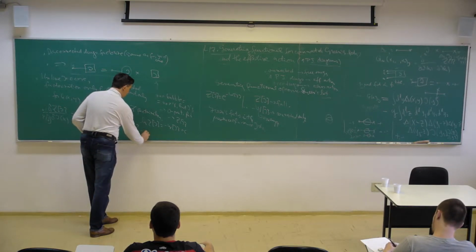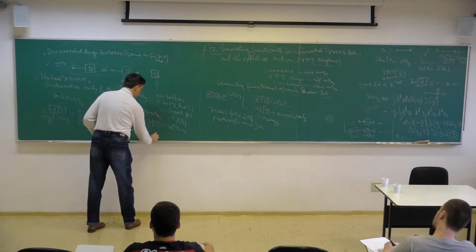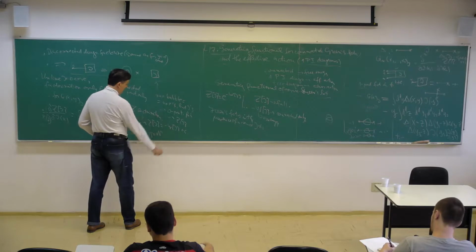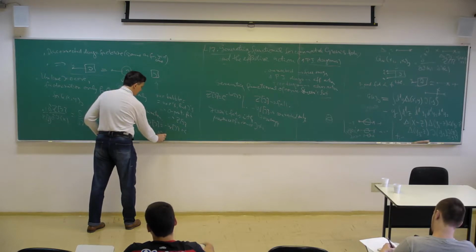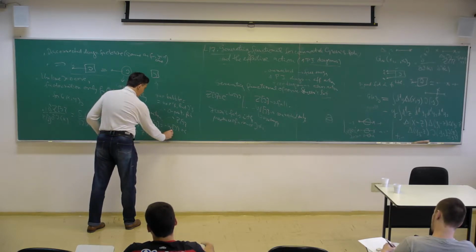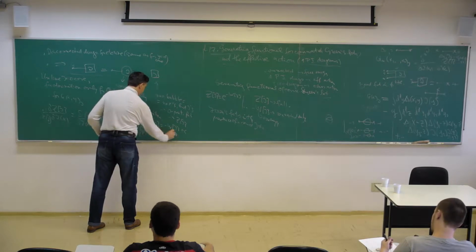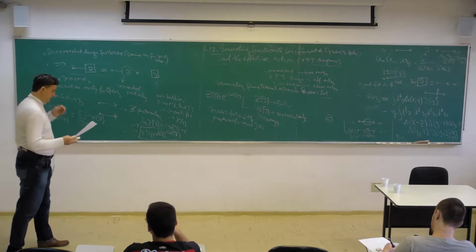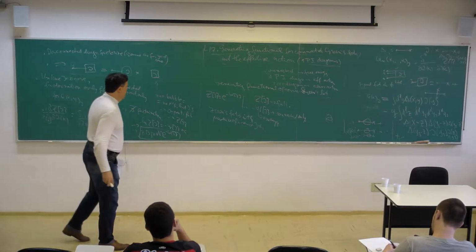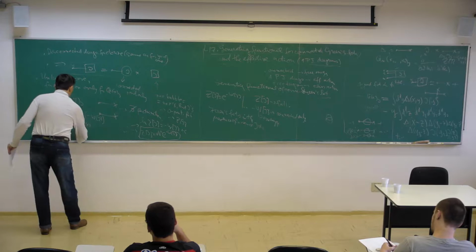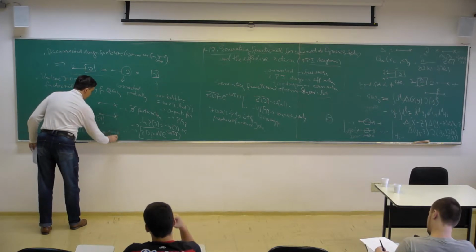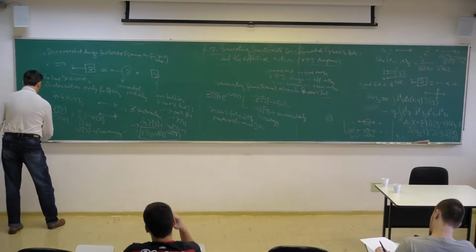In other words, Z of J is equal to a normalization constant, e to this c, times e to the minus W of J. And W of J is called the free energy. And remember, Z of J was called the partition function.